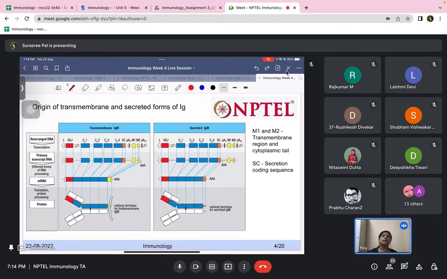But these immunoglobulins, if they have to be secreted, obviously cannot be bound to the cell membrane; they have to go outside. So how does that happen?